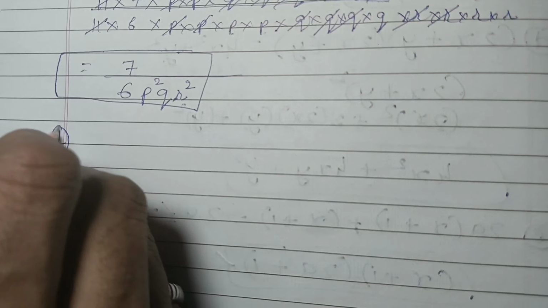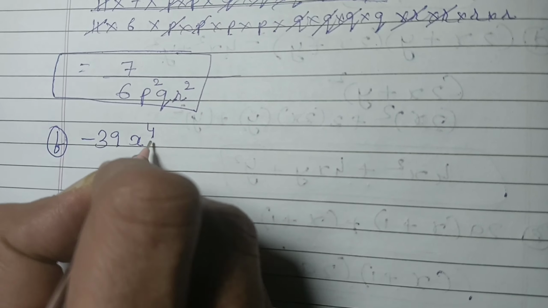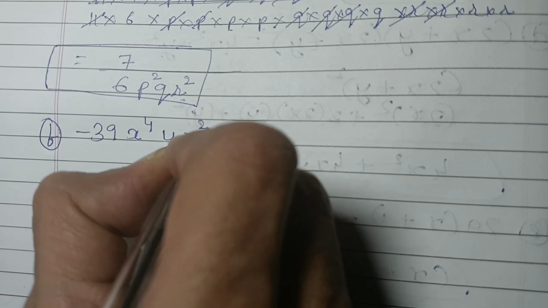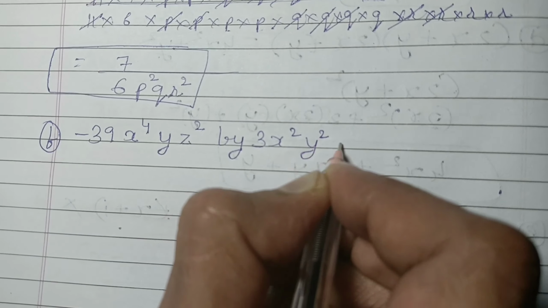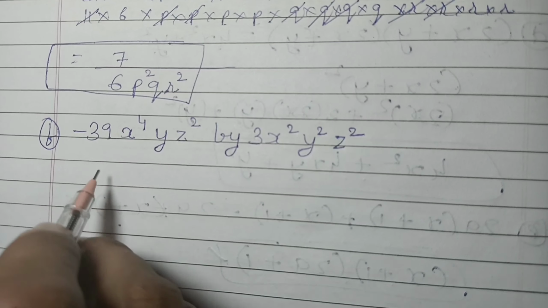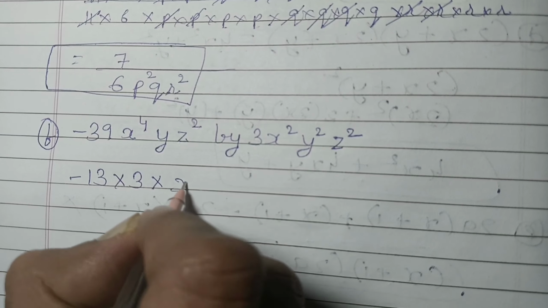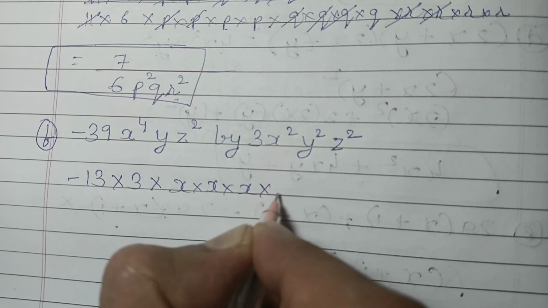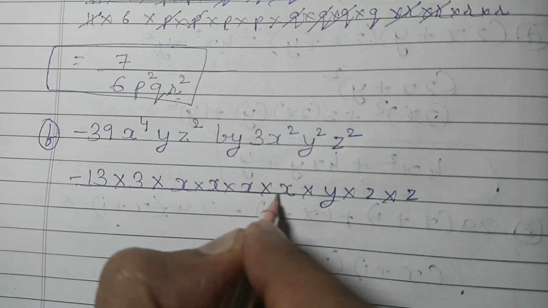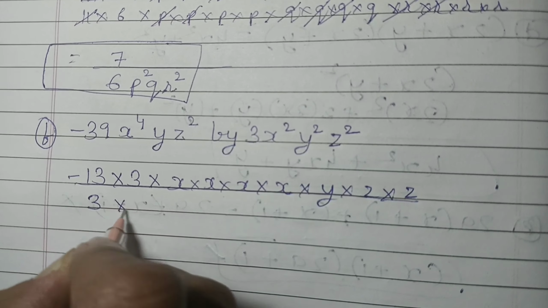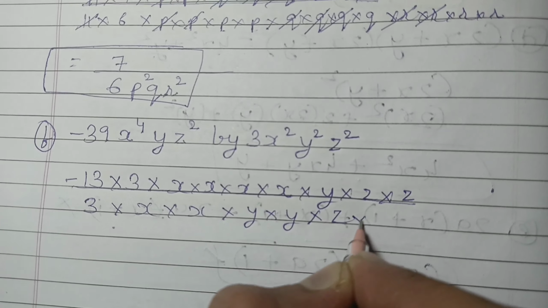The f question is minus 39 x to the power 4 y z square, and we have to divide this by 3x square y square z square. 39 we can write as 13 3s are 39 into x we will write 4 times, into y, into z we will write 2 times, and this will be divided by 3, x 2 times, y 2 times and z 2 times.